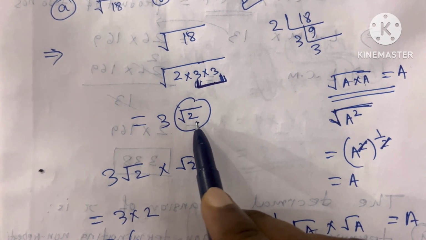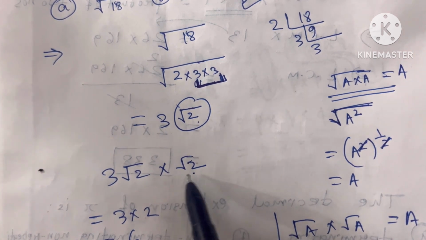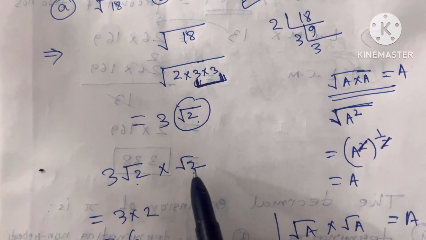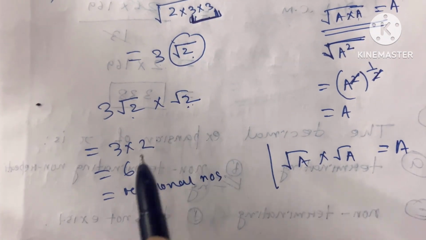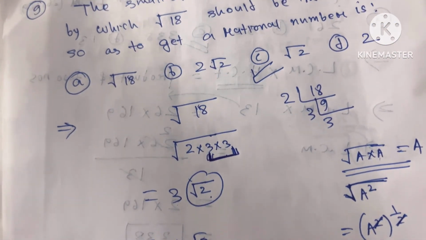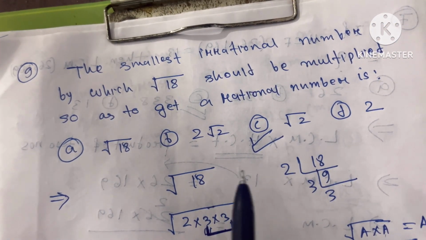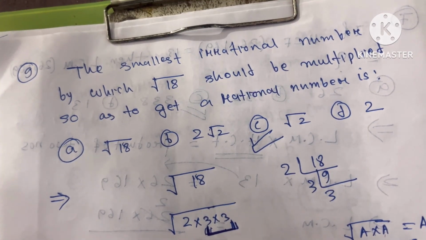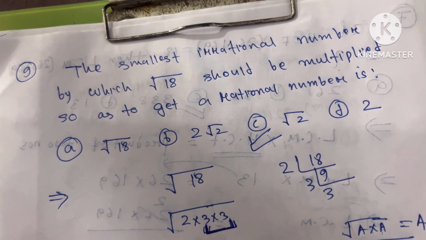If you multiply 3 root 2 by root 2, root 2 into root 2 becomes 2, which gives 6, a rational number. If this type of question comes, first factorize, then see which factor has the root, and multiply by the same factor to get the answer. So the answer is root over 2.